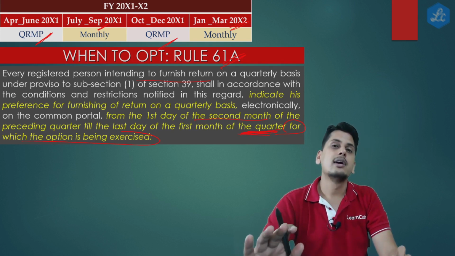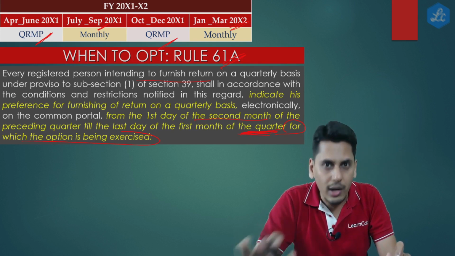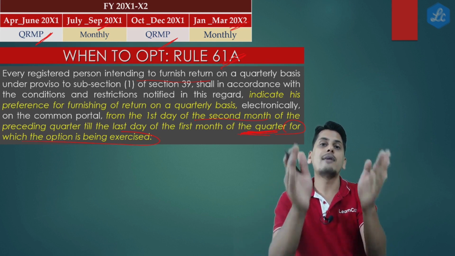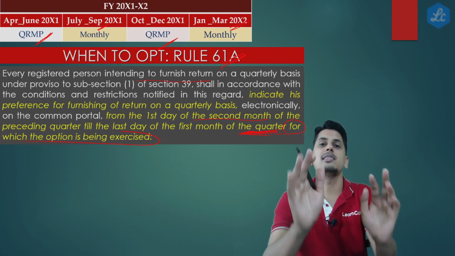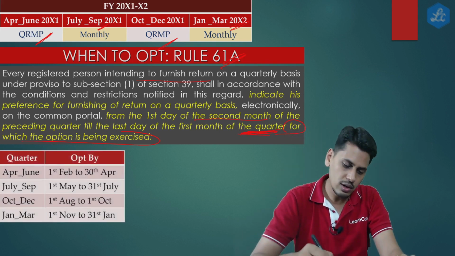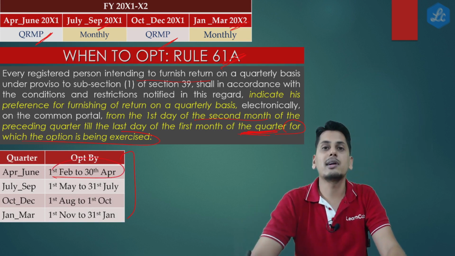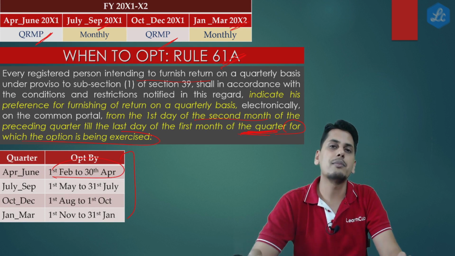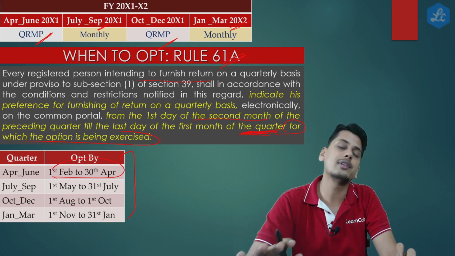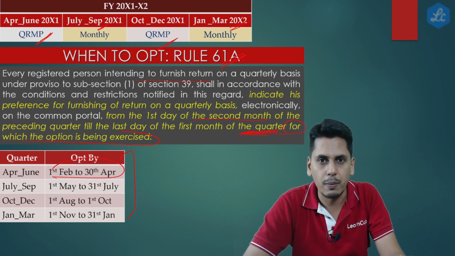So friends, you can choose the QRMP scheme quarter wise, provided you opt for it in the window which is available. For example, for April to June, between 1st Feb to 30th April you have to opt for the QRMP scheme under this window.